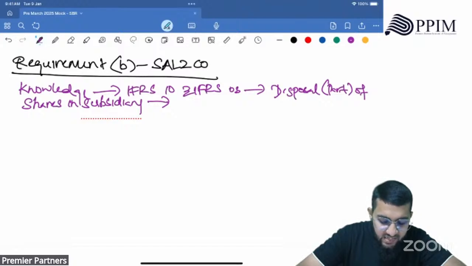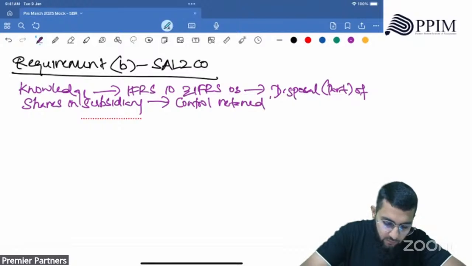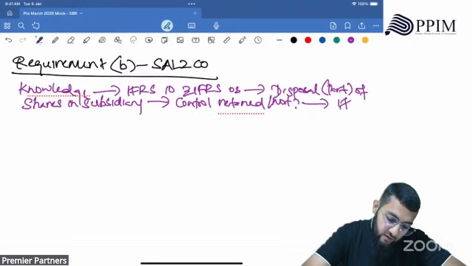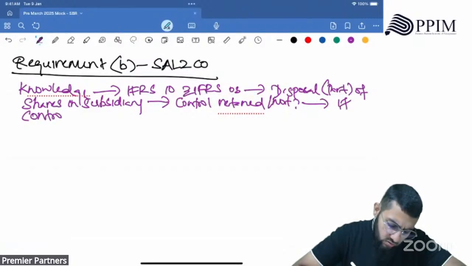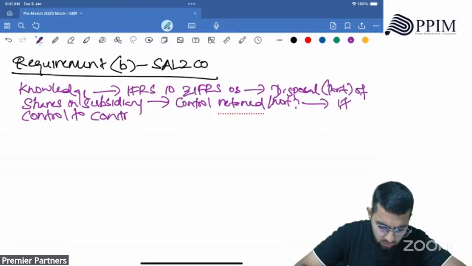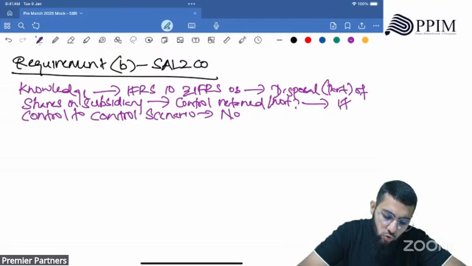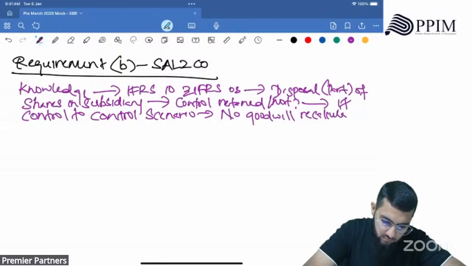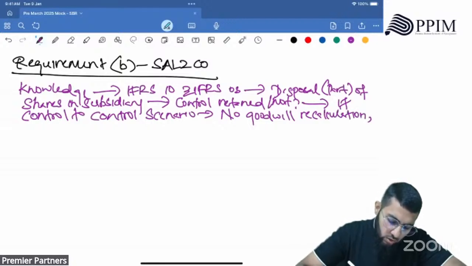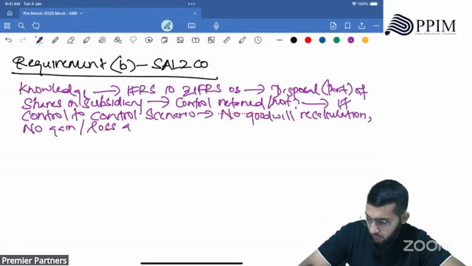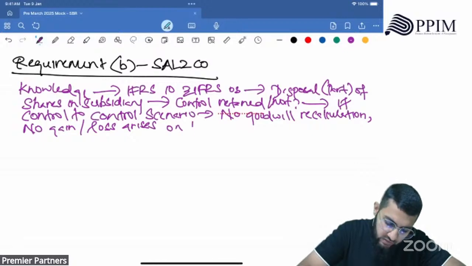You have to assess whether control is retained or not. Then, if it is a control-to-control scenario, no goodwill recalculation, no gain or loss arises on this transaction.